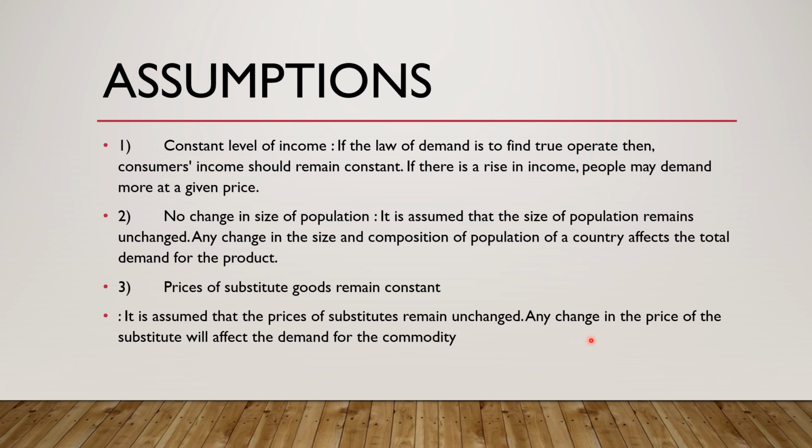If there is any change in the price of the substitute, it will affect the demand for the commodity. If the price of coffee powder increases from 100 to 150, then the demand for coffee powder will decrease and the demand for tea will increase, because people will tend to buy tea powder rather than coffee powder, because the tea powder price is the same.